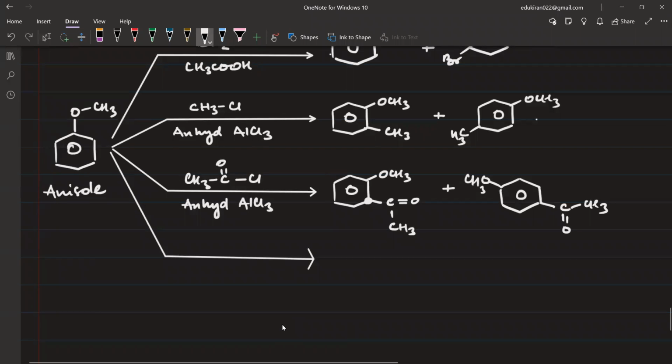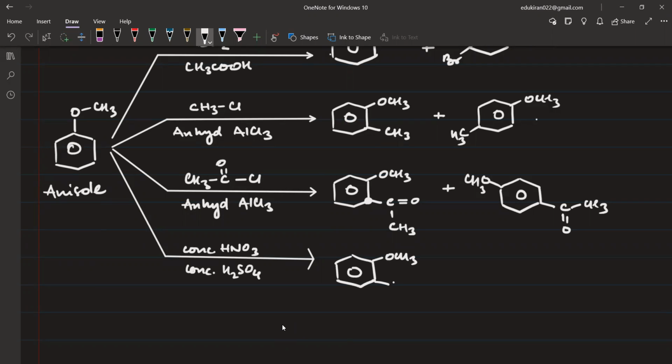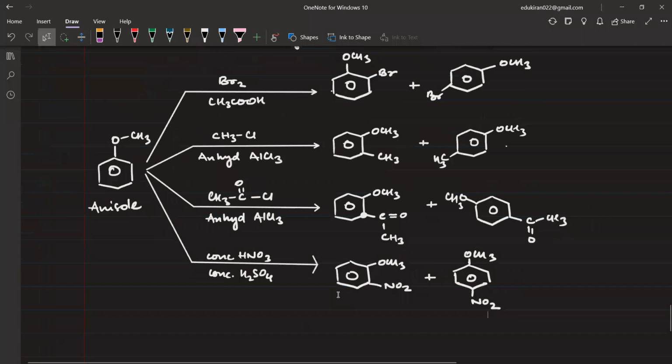Okay, you will write next nitration. So you have concentrated HNO3 in the presence of concentrated H2SO4. So here nitro group will be added. Okay, so the first one was halogenation.